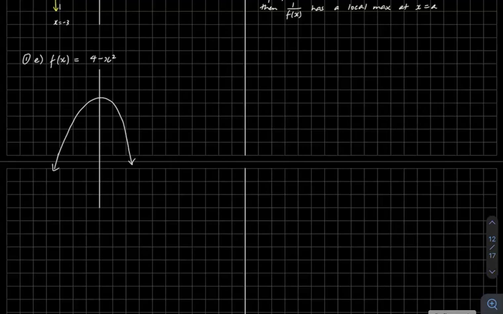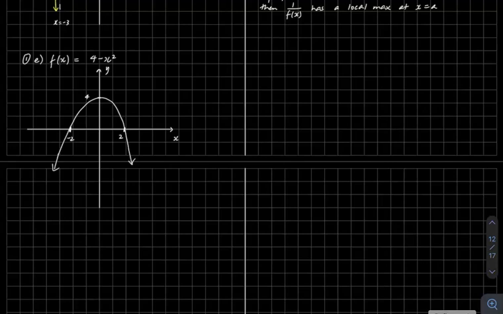I haven't drawn it terribly symmetrically, but I think it'll suffice. There's y, there's x. So 4 minus x squared has a y-intercept of positive 4, and its x-intercepts are plus and minus 2, aren't they? So negative 2 and positive 2.